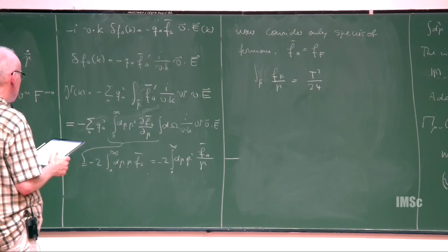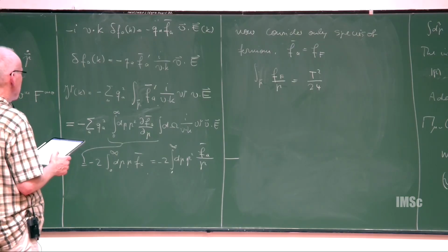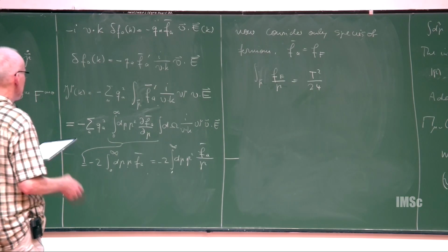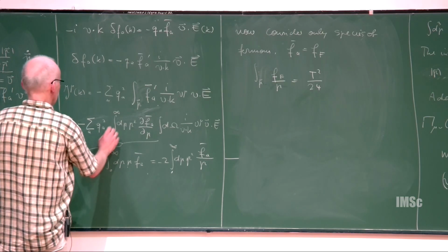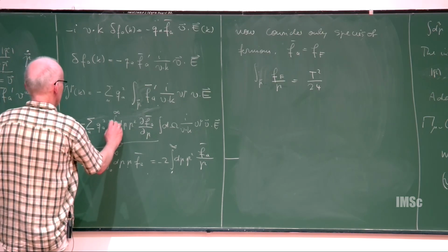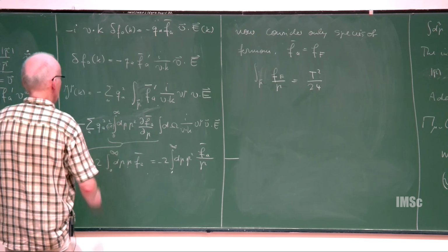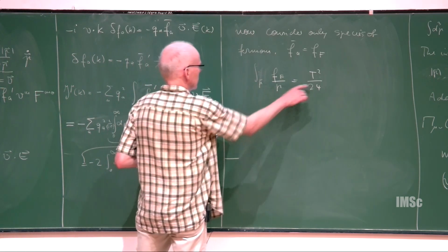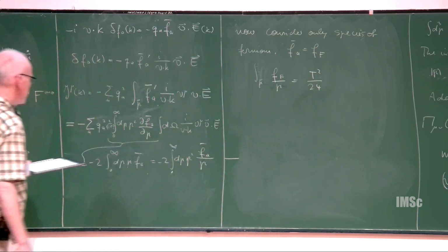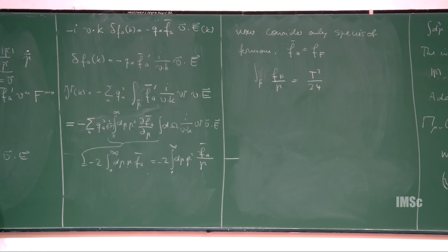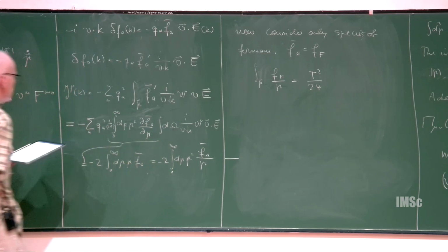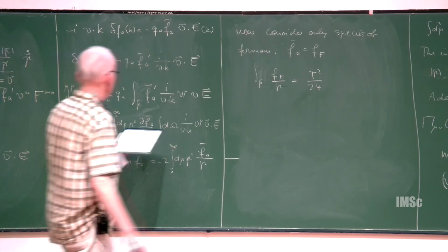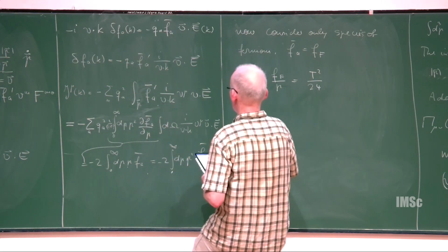Actually, I forgot something here, which is 1 over 2 pi cubed. Sorry. Yes, that we have to include, and this is why it is also included here. So here we get this T squared over 24, and then we only have this expression with the integral over omega left.